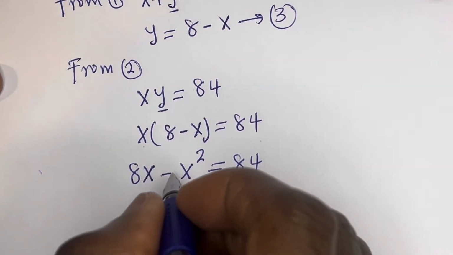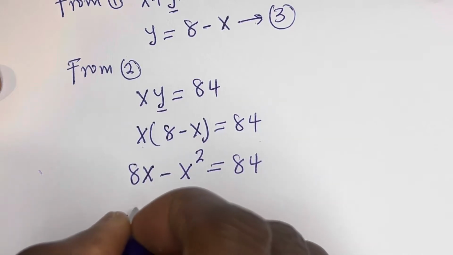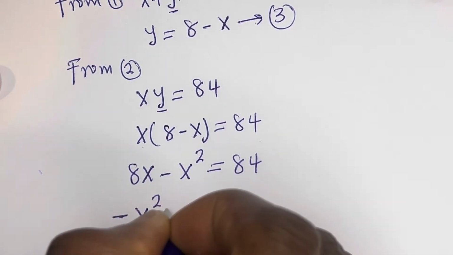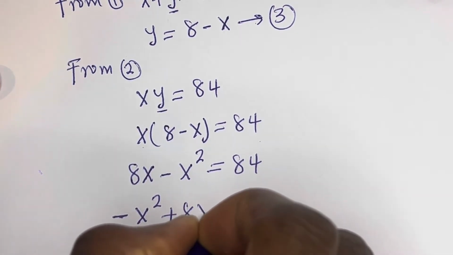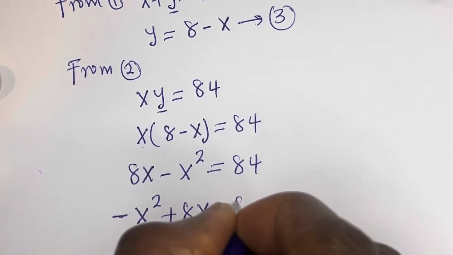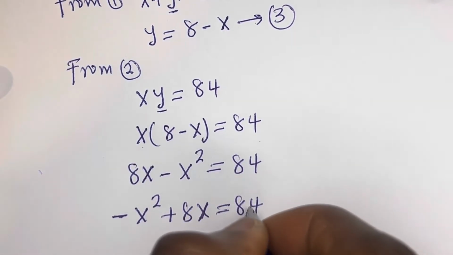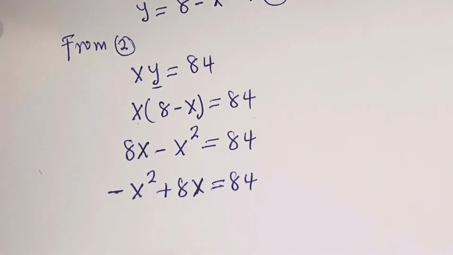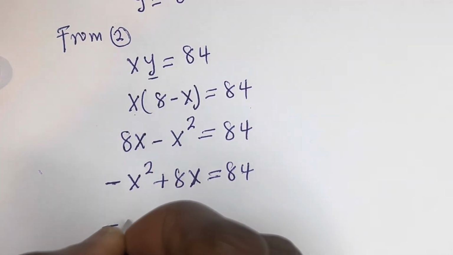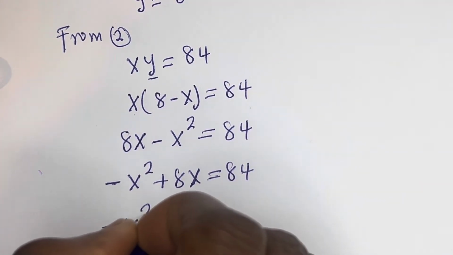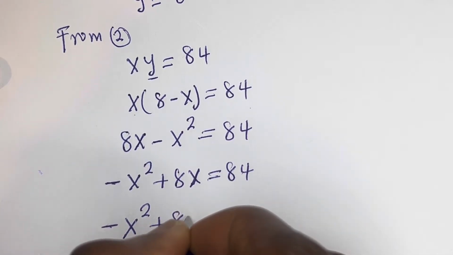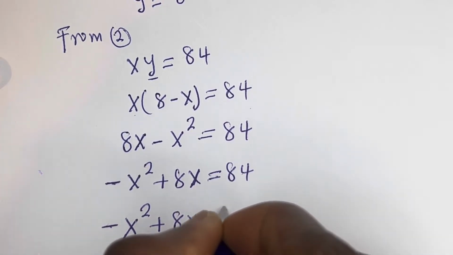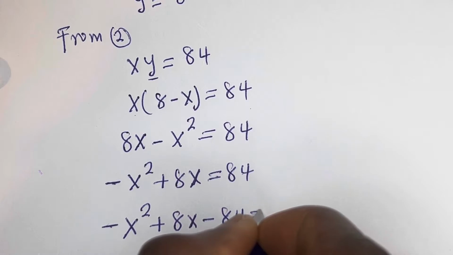Then this can be written as minus s squared plus 8s is equal to 84. Let's bring this 84 to this side. We have minus s squared plus 8s minus 84 is equal to 0.